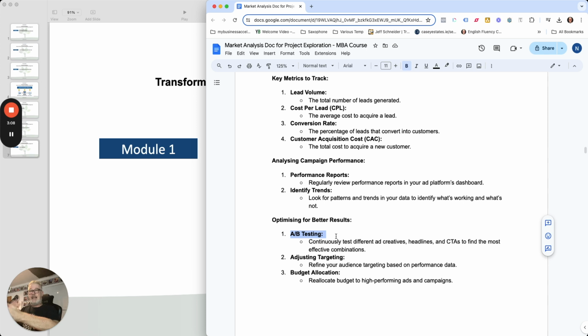It's just literally a test to see what happens. We'll very quickly identify which is the winning version of the A/B test. So it's either ad A wins or ad B wins, or audience A wins or audience B wins. And then we can reallocate our budget and focus on the winning campaign.